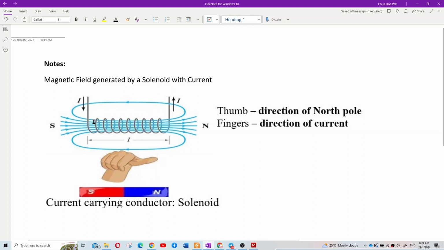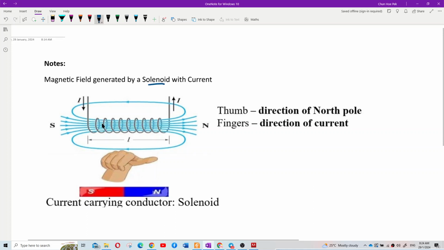I believe during your SPM you learned before about this solenoid. When you connect the solenoid with current, when there is current flowing in the solenoid, it will generate a magnetic field.